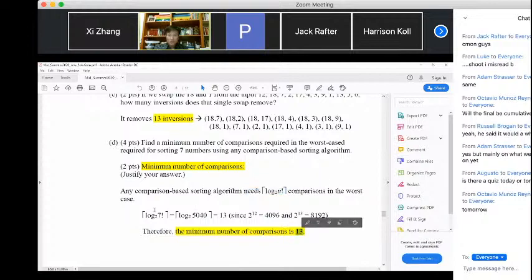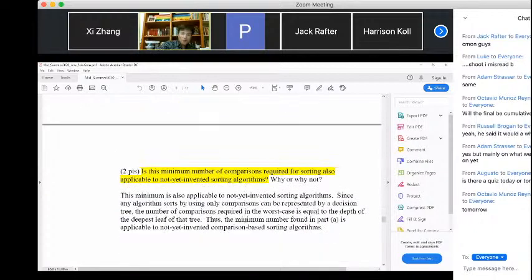Is that going to be applicable to all comparison-based sorting algorithms, even ones not yet invented? Yes, because every comparison-based sorting algorithm can be represented by a decision tree, and our analysis is based on the theoretical lower bound, the distance from the root of the tree to the farthest leaf.